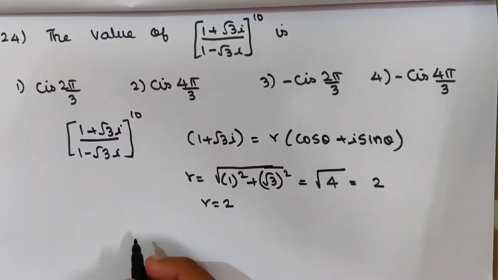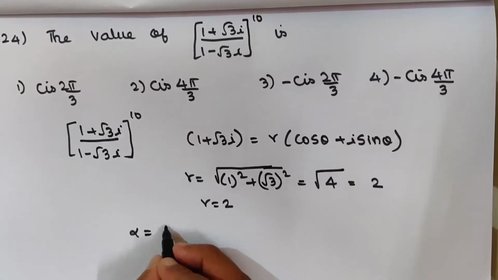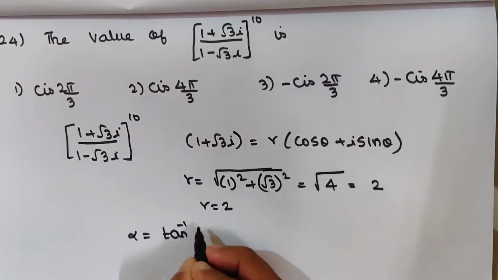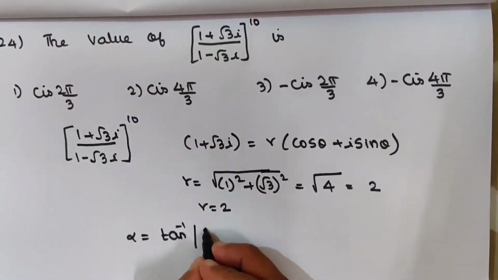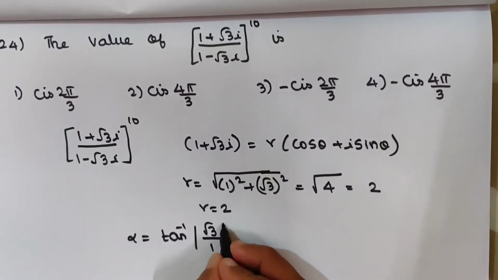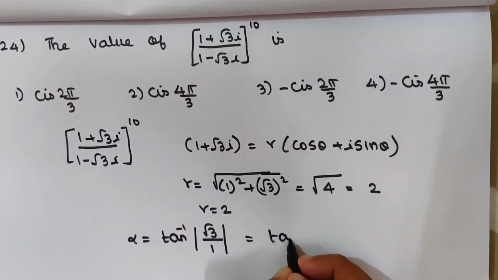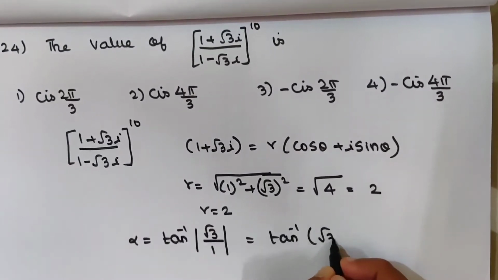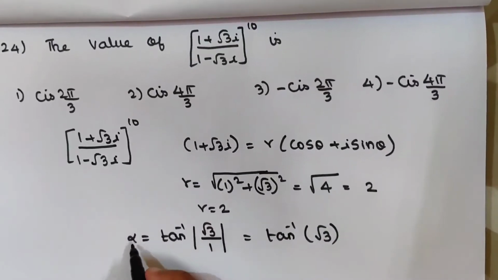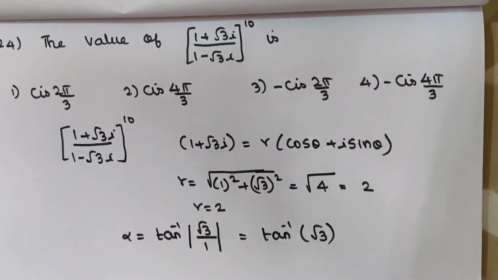Next you want to find the value of alpha. Alpha is equal to tan inverse of modulus of imaginary part divided by real part, which is tan inverse of root 3. Alpha is equal to tan inverse of root 3.